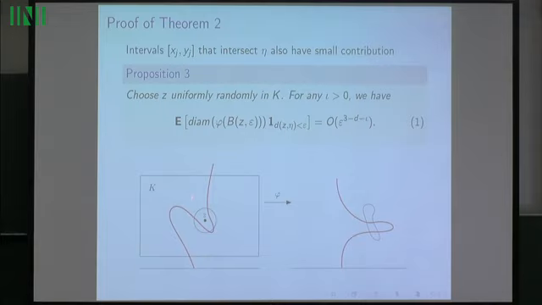We fix any compact rectangle K and choose Z uniformly randomly in K, and we will show that if we look at a small ball around Z that intersects the curve, then its expected diameter is of the order of epsilon to the 3 minus d minus this iota, which can be made as close to 0 as possible.